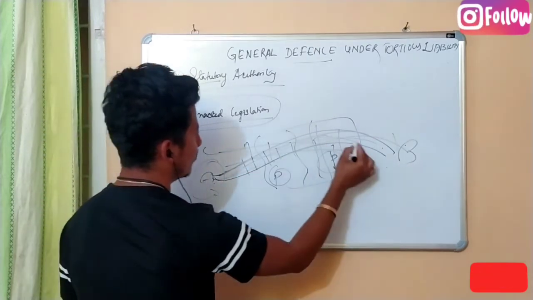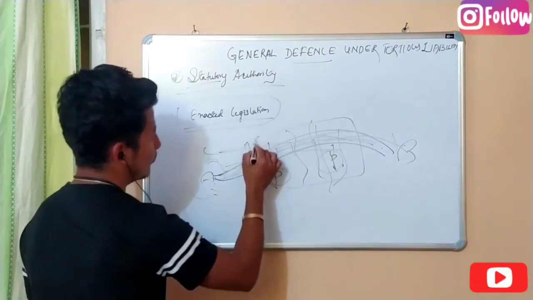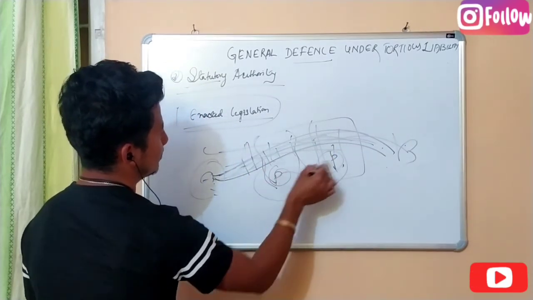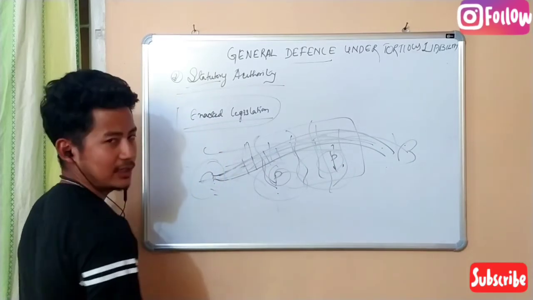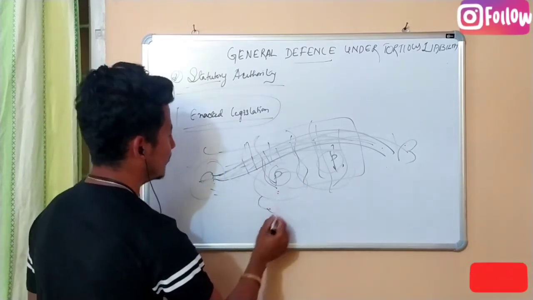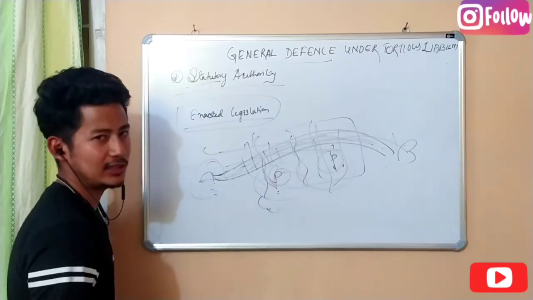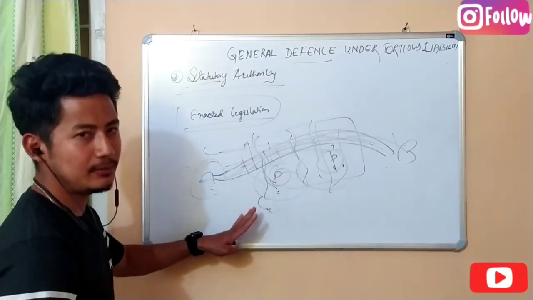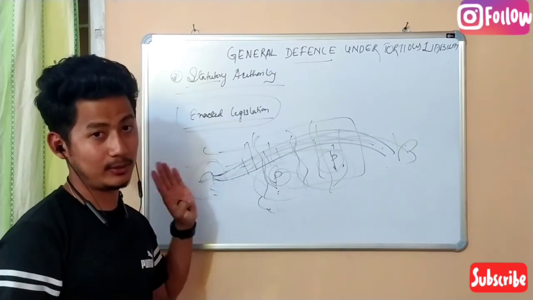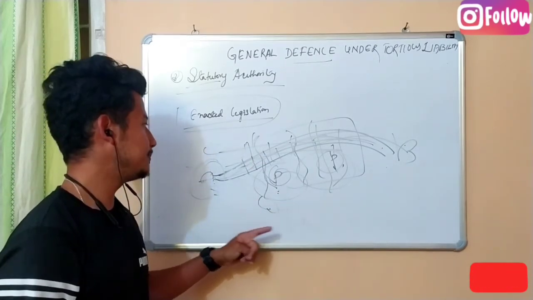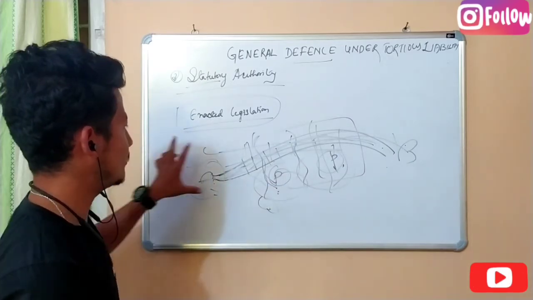They are doing their job, and the private individual will be provided compensation. They cannot say no, we don't need compensation, we want this land. They will be provided proper compensation. So this is the statutory authority.